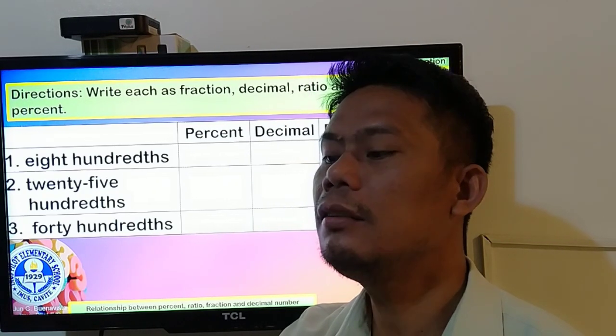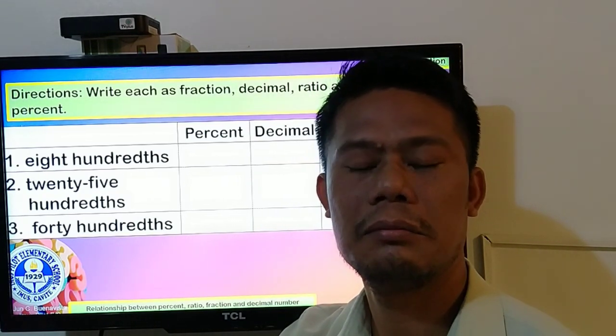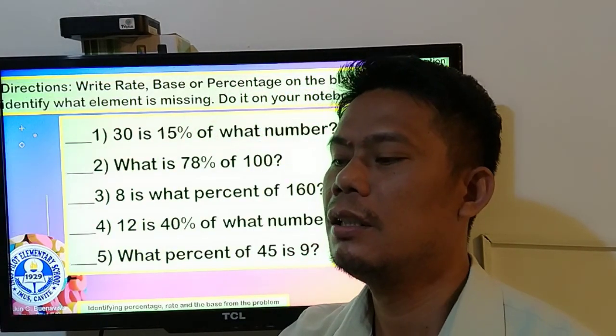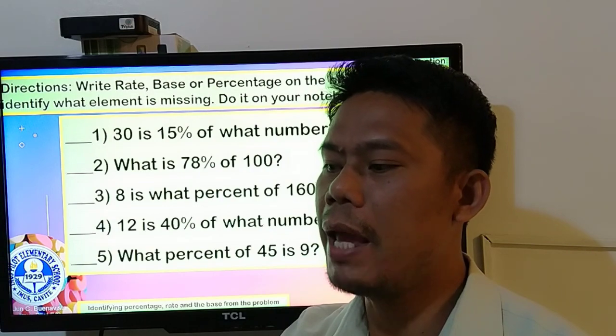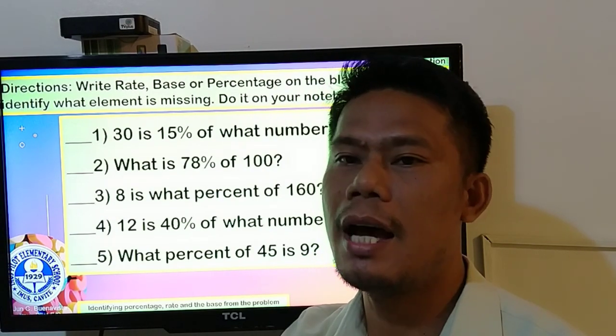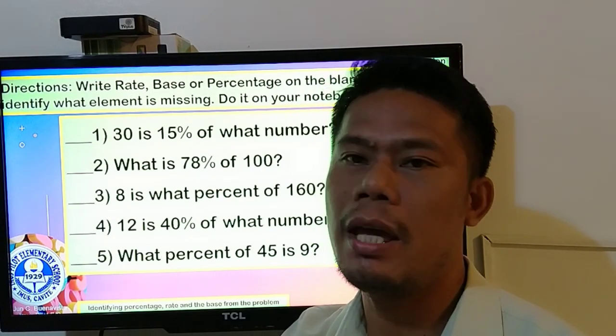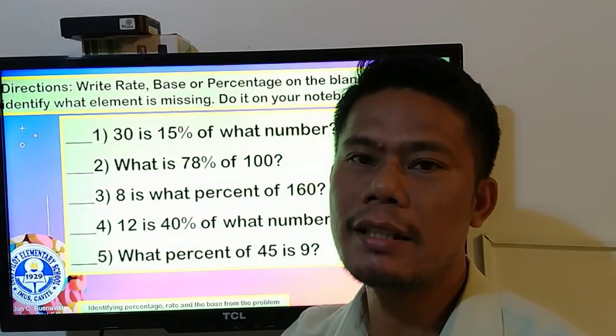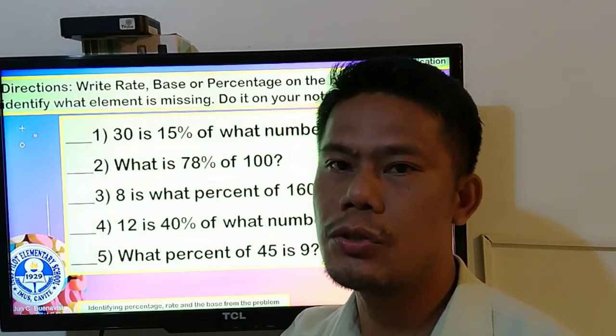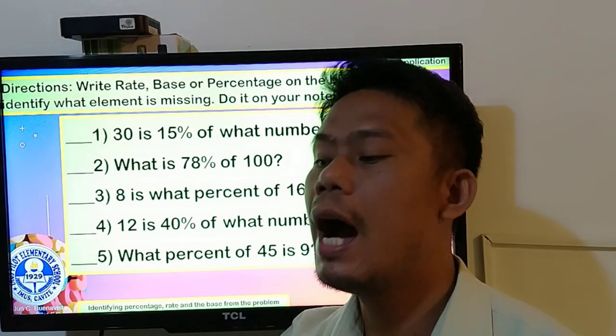The other one, directions, write rate, base, or percentage on the blank to identify what element is missing. Do it in your notebook. Do not copy the sentence or the questions. You're going to write only the answer.